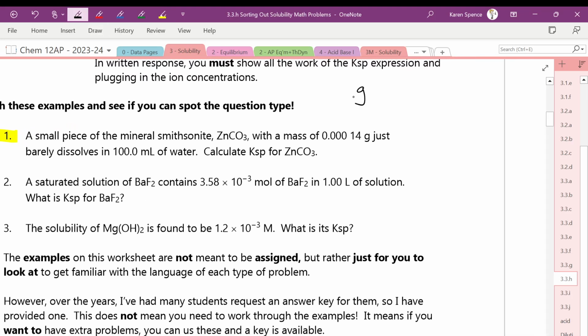You would convert grams per milliliter into molarity, moles per liter. And then what? This would be your solubility.